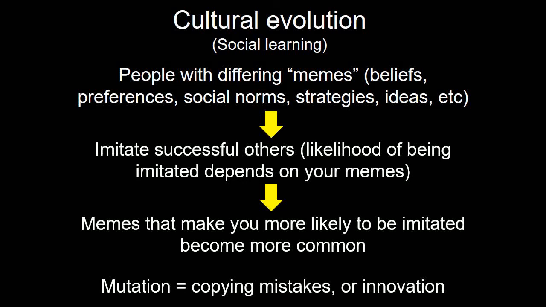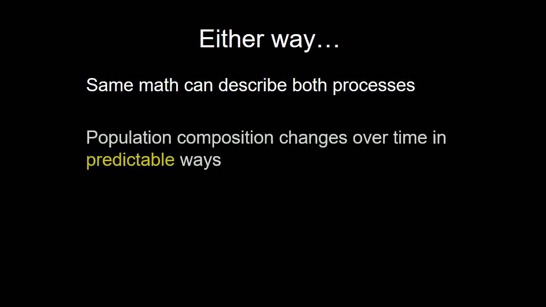Either way, that's introducing new variation into the population. And the cool thing is that regardless of whether it's genetic evolution or this kind of social learning, the exact same math can describe both of these processes. Both of them basically help us understand how the composition of the population will change over time.